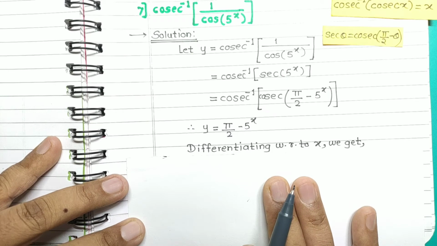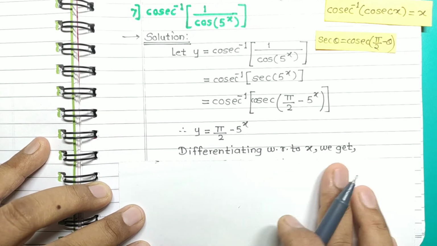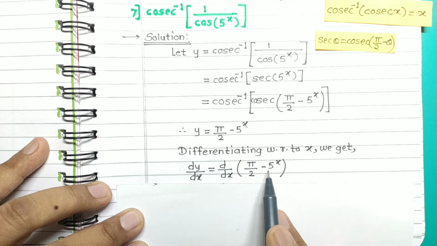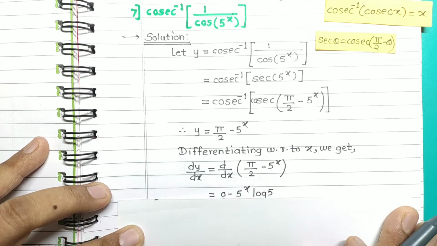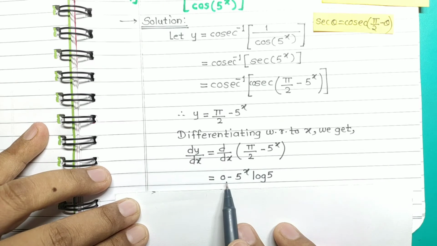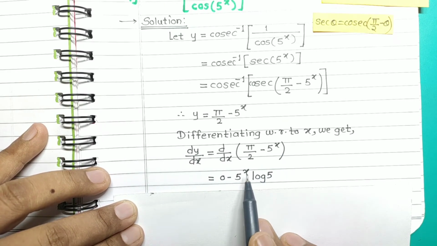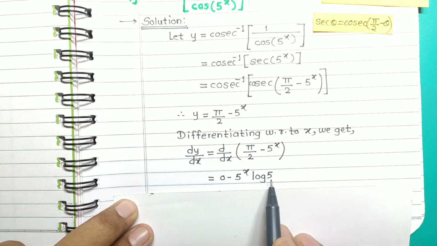So differentiating with respect to x, we get dy by dx is equal to d by dx of (pi by 2 minus pi raised to x), and the derivative of pi by 2 is 0, and the derivative of minus pi raised to x is minus pi raised to x into log pi.